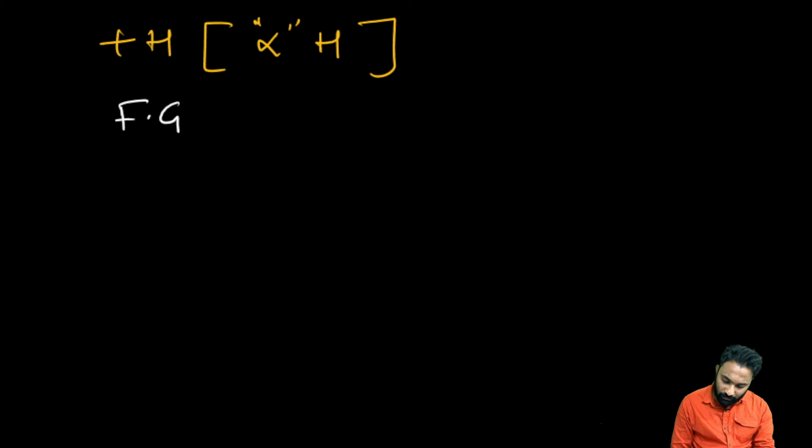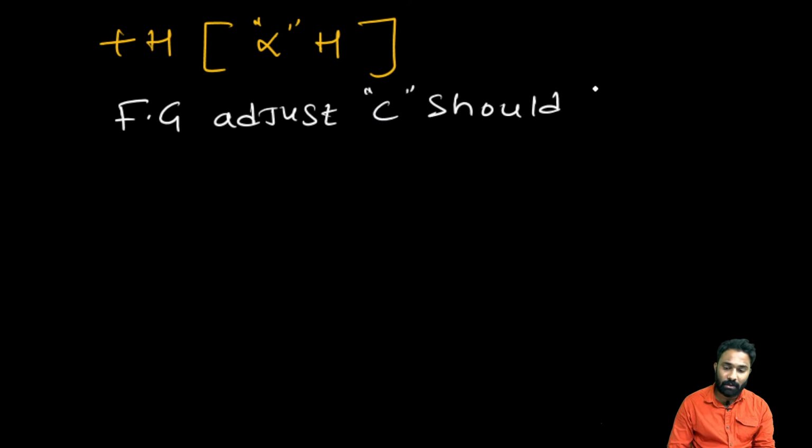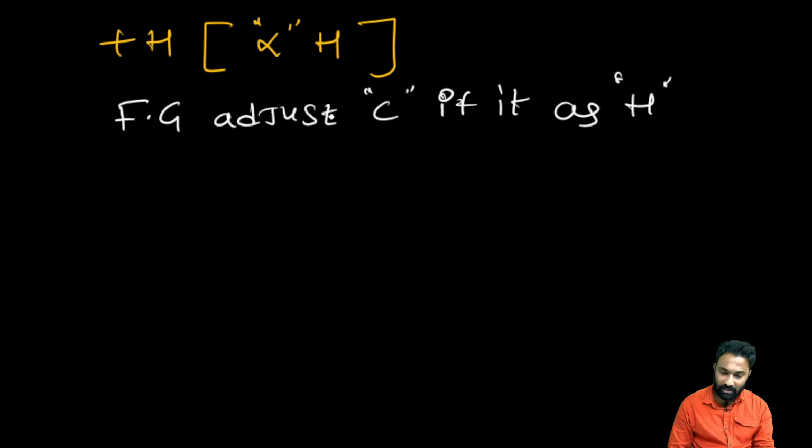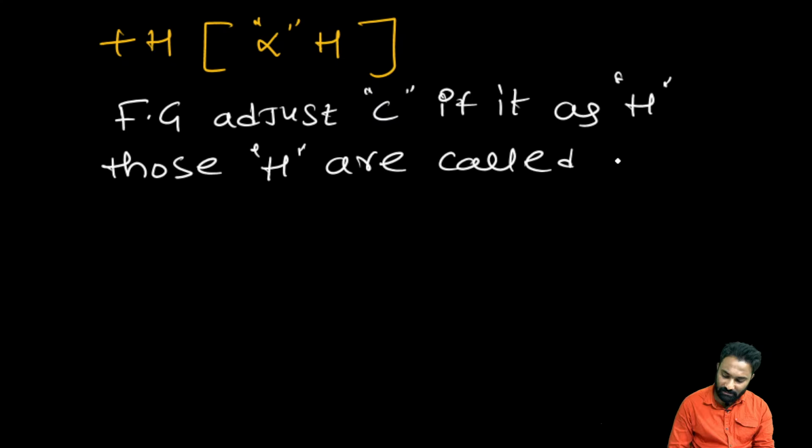Functional group adjacent carbon. The functional group adjacent carbon should be sp3. If the functional group adjacent carbon has hydrogens, those hydrogens are called alpha hydrogens.